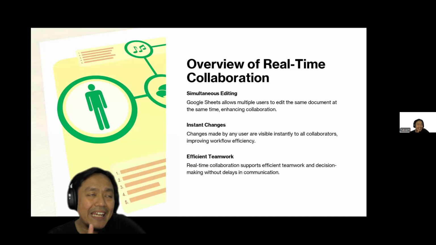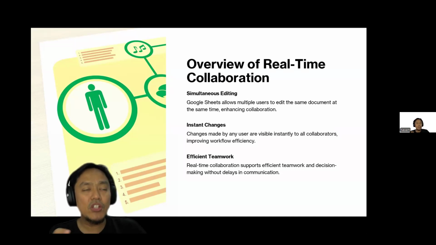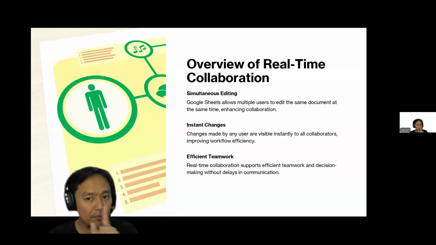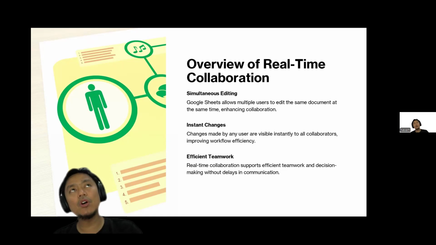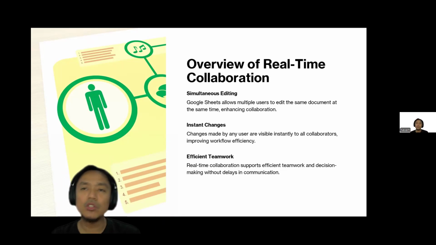The key component why Google is so excellent at sharing and collaboration is their cloud storage. All of the files that you save in Google Sheet are saved in your cloud, which is Google Drive. Because they use Google Drive, these features are possible.